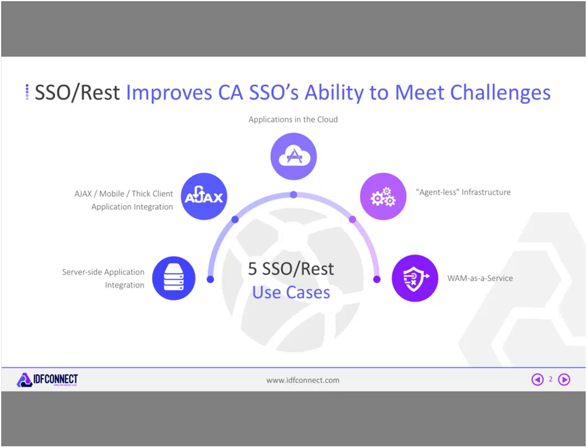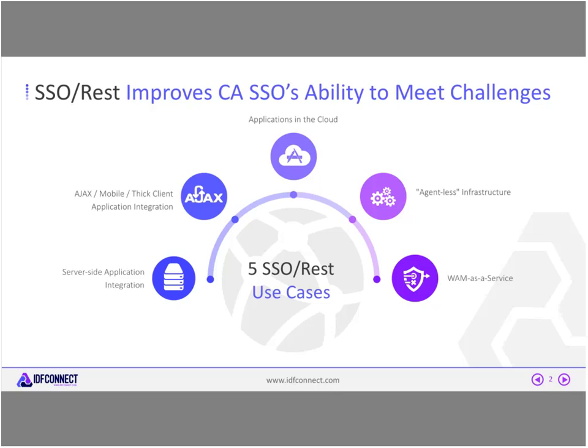And then there are some use cases which really are problematic for any of the web access management single sign-on products on the market today. We're going to talk about how SSO REST really adds some competitive advantage over other access management systems that are missing some of these capabilities.